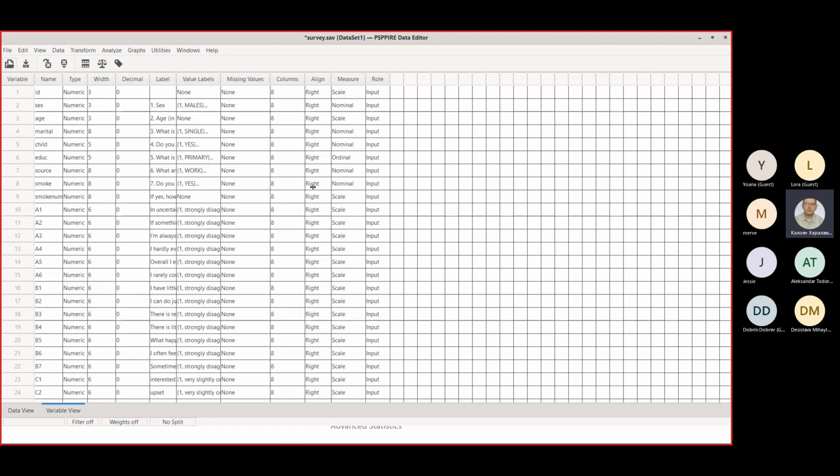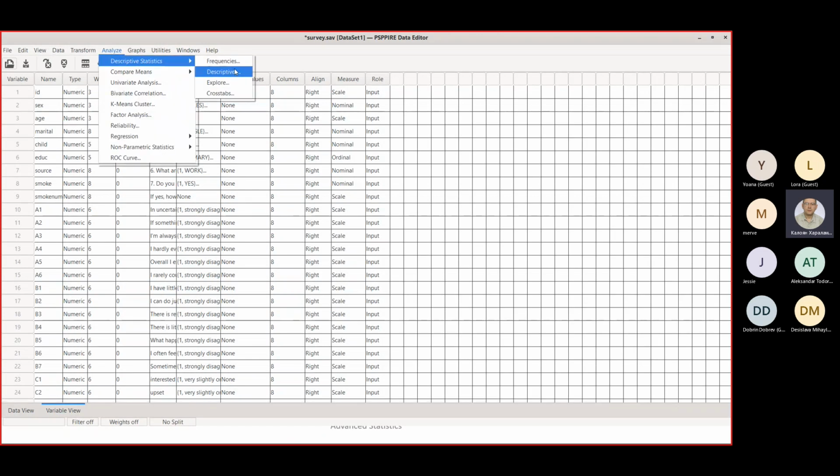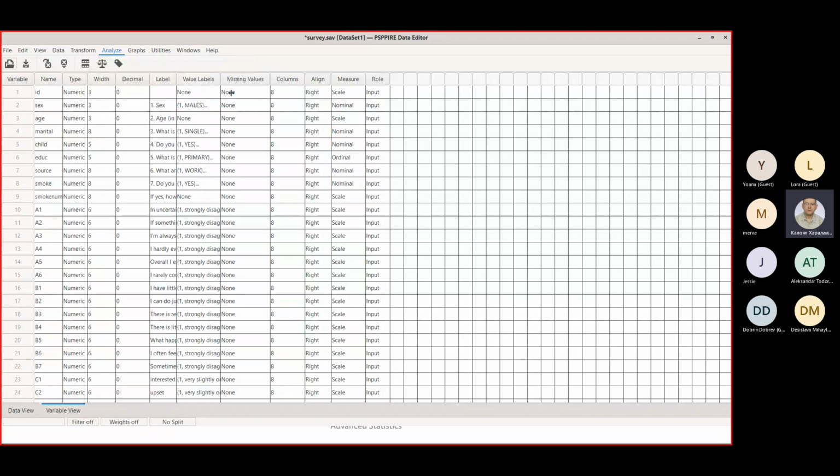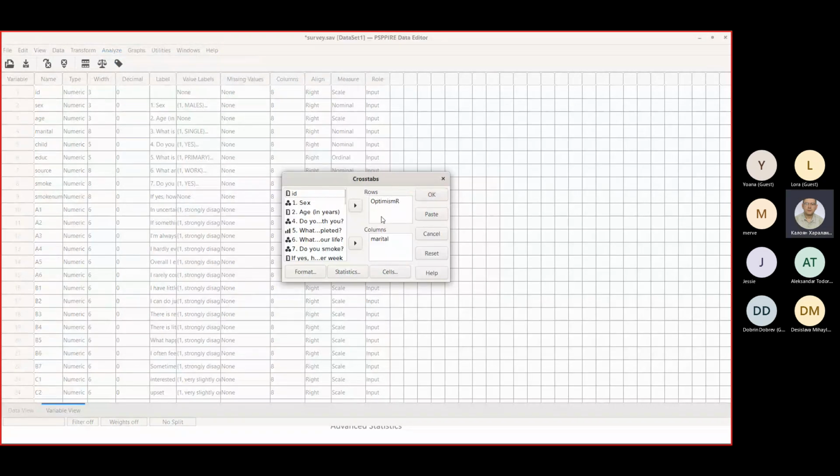So if I choose analyze, descriptive statistics, crosstabs, there are only two fields, rows and columns, but there is no field left.